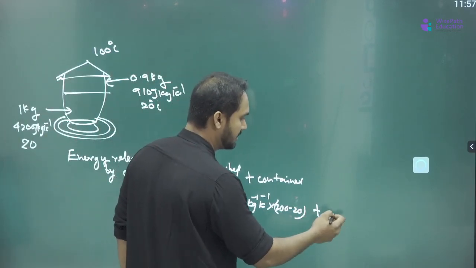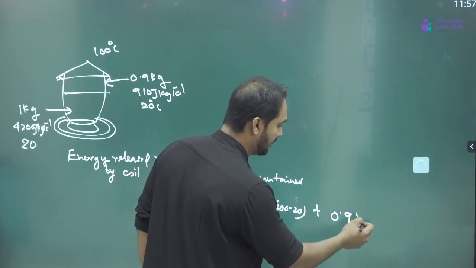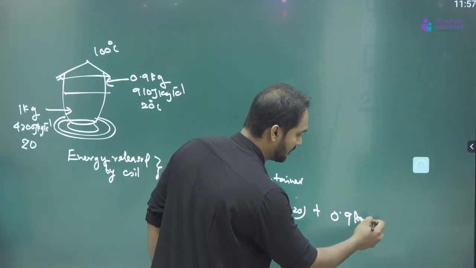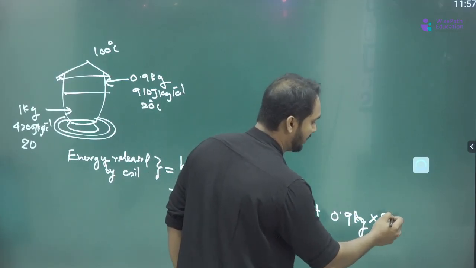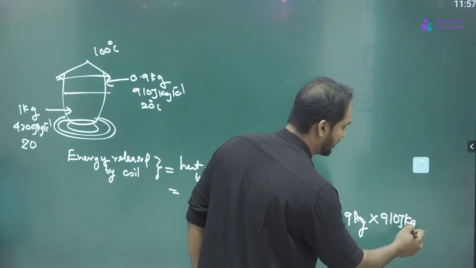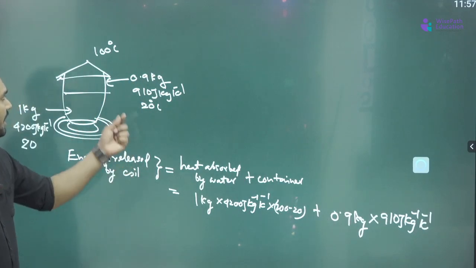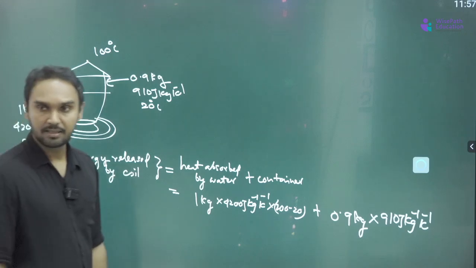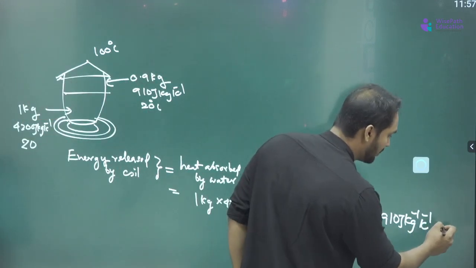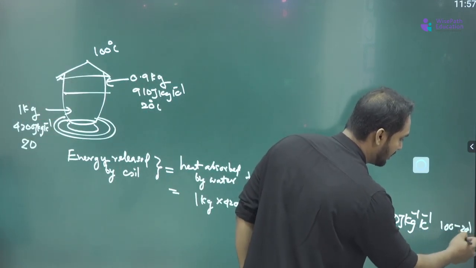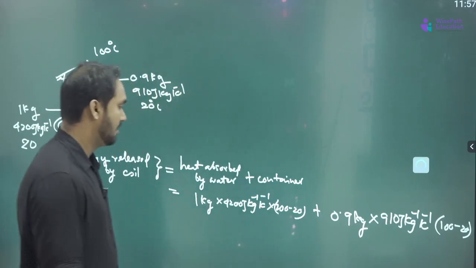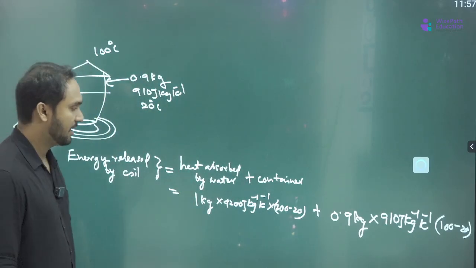Plus the container's mass is 0.9 times 910 joules per kilogram per Kelvin, that is the specific heat capacity, and the temperature difference is again the same, 100 minus 20. You have to simplify the whole thing. Can you tell me the exact answer?